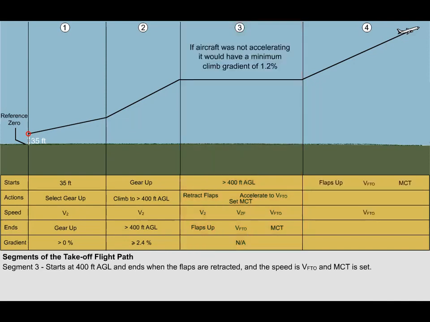Although there is no climb gradient required in segment 3, the authorities have to quantify the amount of minimum performance the aeroplane is required to produce. So, if the aeroplane was not accelerating, it would be able to achieve a minimum gradient of 1.2%.